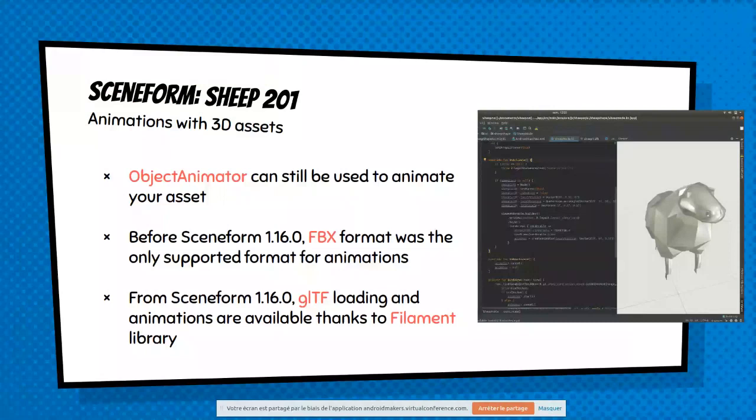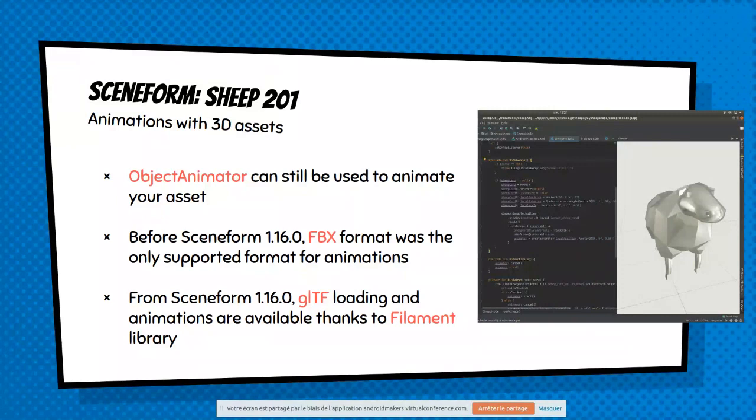Then with complex 3D assets, you can also use Object Animator, as your 3D asset will be a node. Object Animator here will be mostly for translation, rotation, and scaling. Before the latest version of Sceneform, the SFB format was the only supported format for animations, so there were some embedded animations with the format.